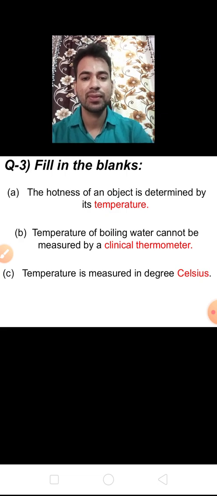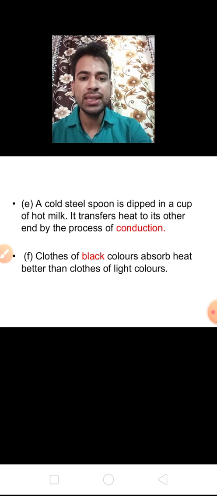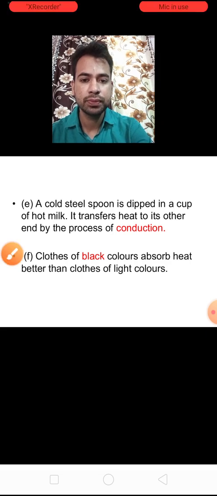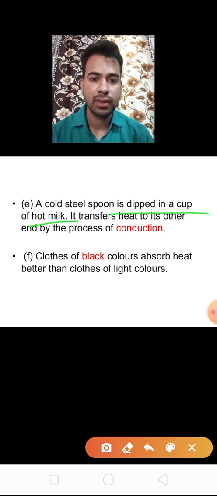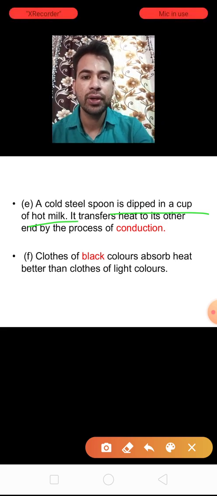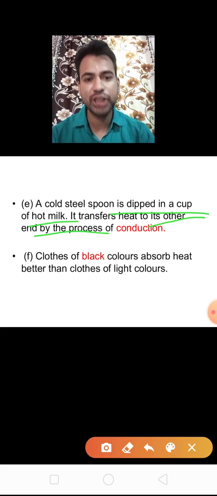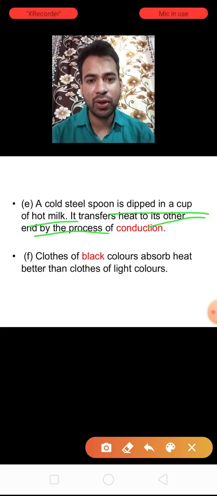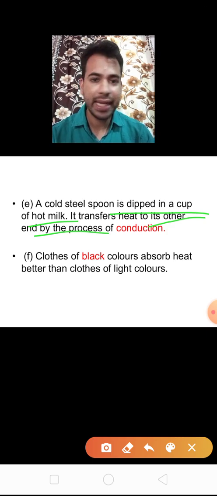Next, a cold steel spoon is dipped in a cup of hot milk. It transfers heat to its other end by the process of conduction. Why? Because in solids, conduction takes place.